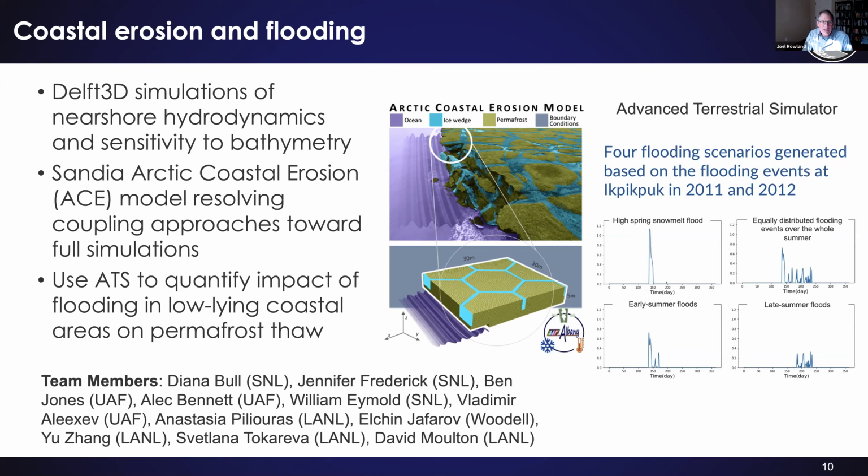And then the use of the Advanced Terrestrial Simulator model for looking at coastal flooding. And on the right, we're showing different flooding scenarios that we're looking at to understand the impact of inundation on low-lying permafrost and permafrost thaw.